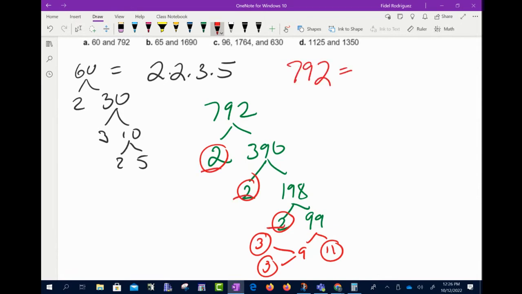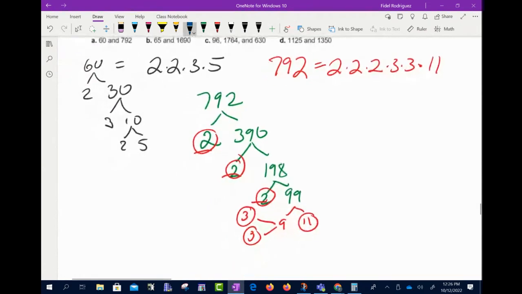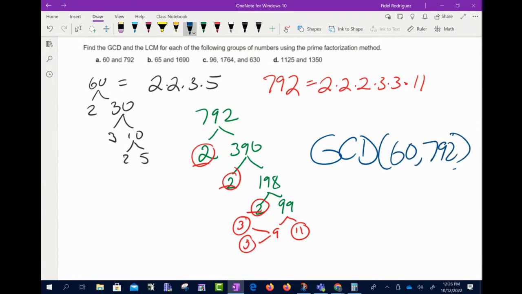So we have 1, 2, 3 2's, we have 2 3's, and we have an 11. Okay. So let's first find the greatest common divisor between 60 and 792. Okay.